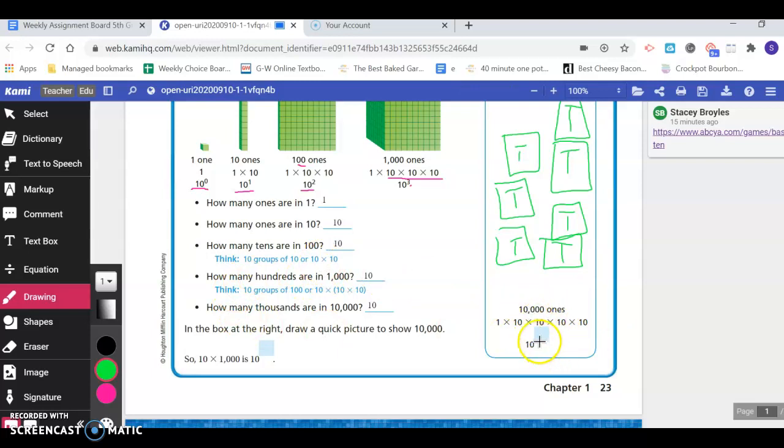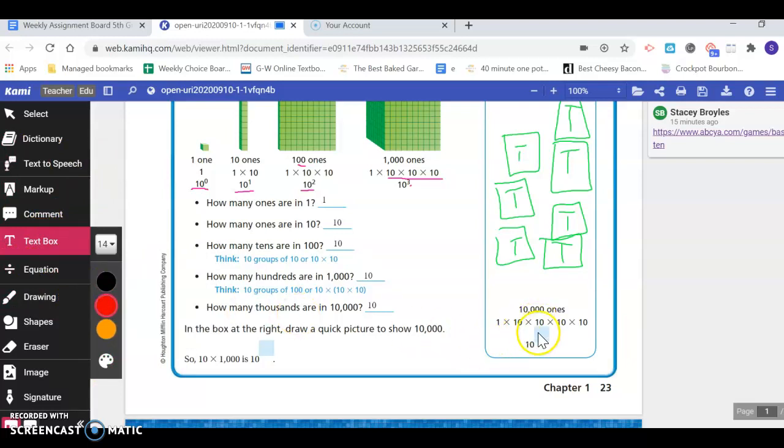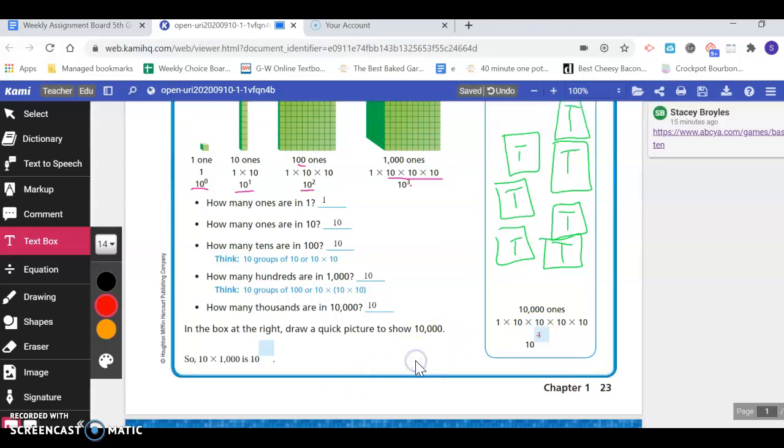How many tens? That makes 4. I'm going to come right in here and write a tiny 4. I'm going to use red this time and click in my box and put a 4. I'm going to move that down just a little bit. So that's 10 to the 4th power.